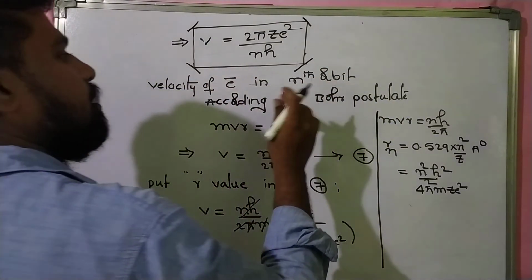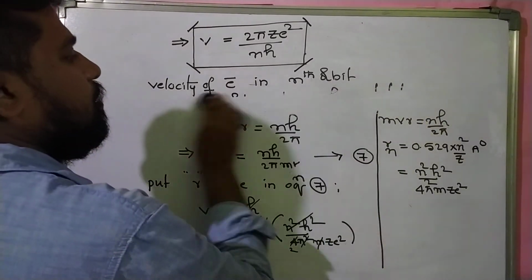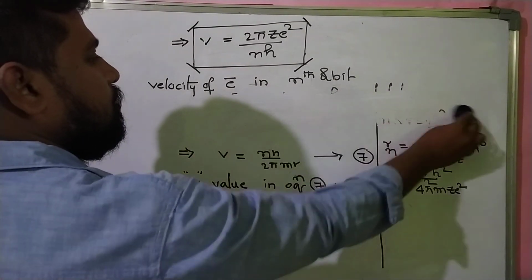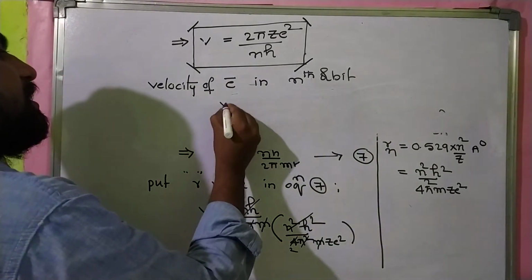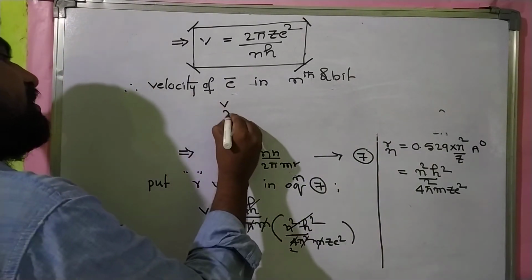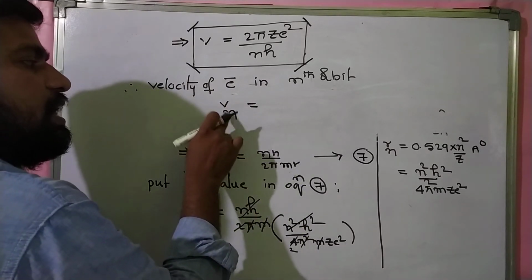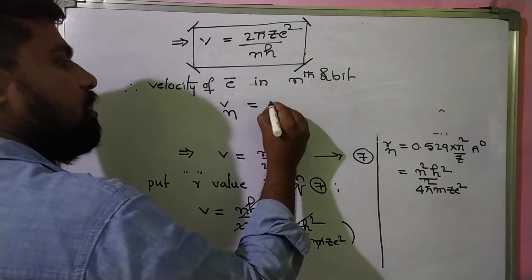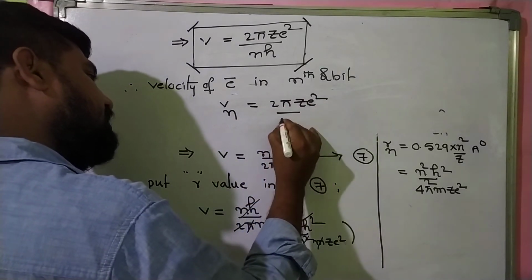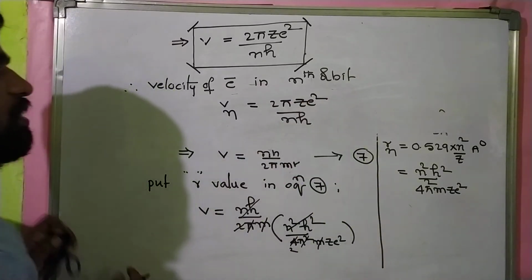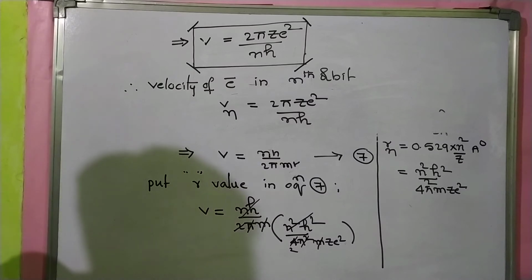That is, vn, the velocity of electron in the nth orbit, equal to 2 pi Z e square by nh. Very important. Please note up to this.